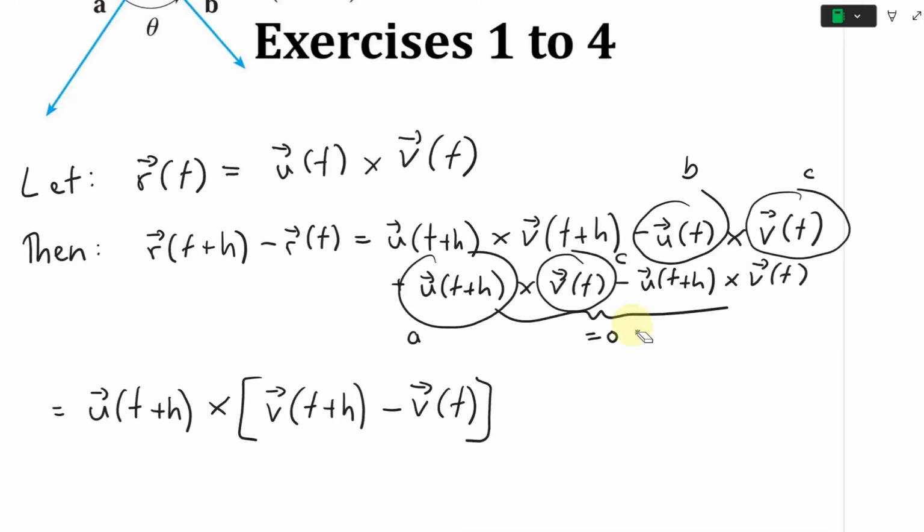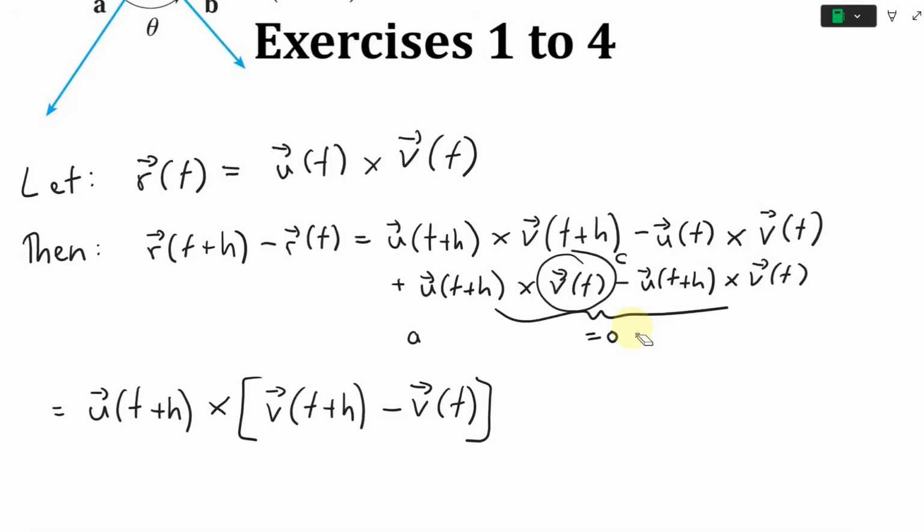All right, let's just erase all this now. It's pretty straightforward if you just follow along the logic there. Okay, erase this, and erase this, erase the C, and erase the A. Okay, so it's going to be plus, and then we have to keep in mind the order, so we can't just put the V in front.